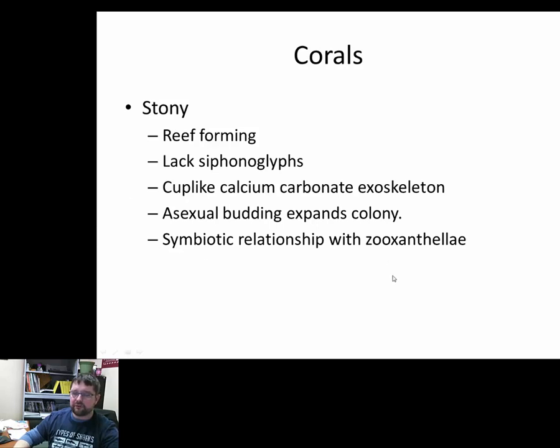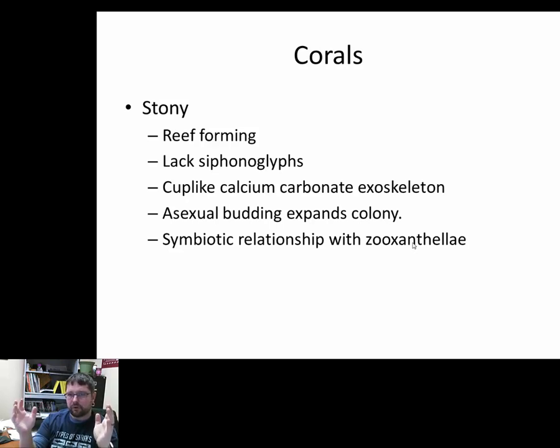Okay? The bleaching process has to do with the zooxanthellae being ejected or rejected from the body of the polyp. So again, I told you that you have these symbiotic algae-like organisms that live inside specialized cells within the polyp.